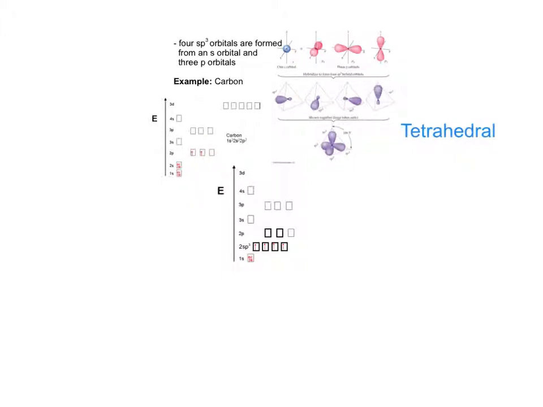Well, if we form some hybrid orbitals, we're going to take our 2s electrons and our 2p electrons, and they're going to form these 4 hybrid orbitals, this sp3, and the originals are now going to disappear. And our electron diagram is going to look like this. So now we have 4 electrons that are there to bind with other things and give us our tetrahedral shape.